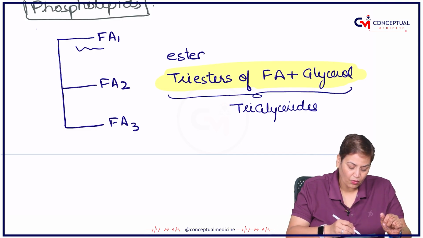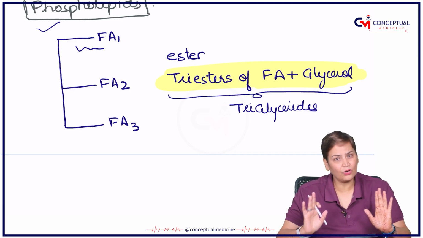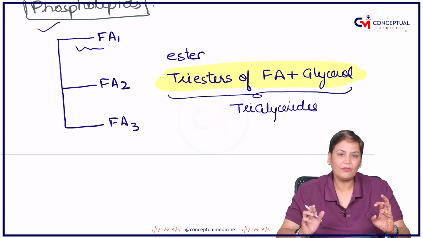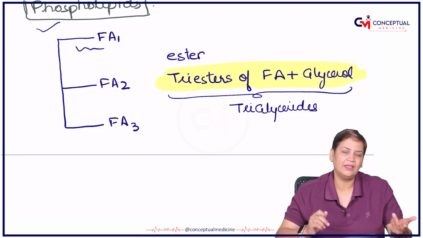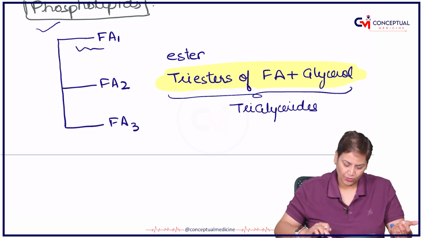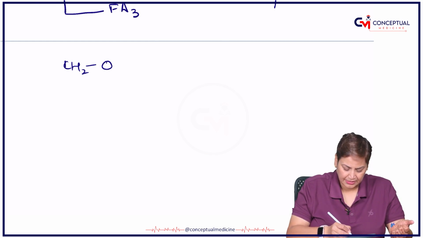Now here a phospho group is there. So fatty acid will automatically be there, but along with fatty acid, one phosphate will be attached. This will be an extra group attached to it. Say this is glycerol, or I will just write the structure like this.